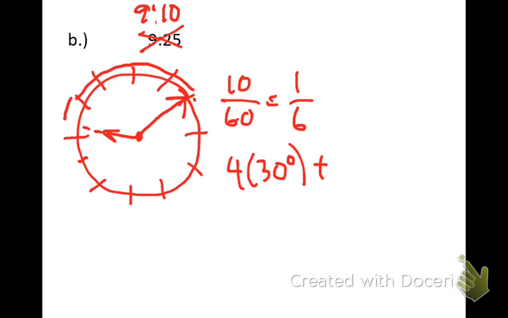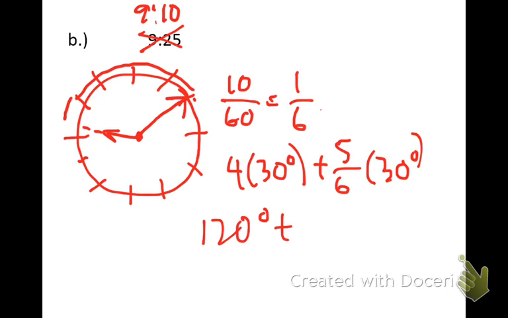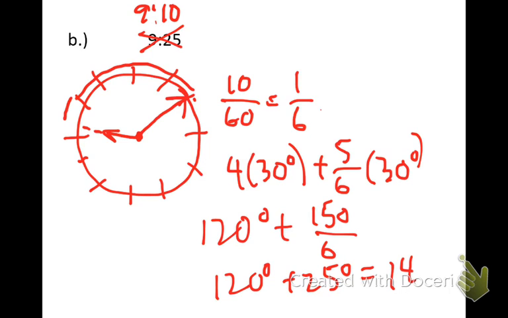So it always won't be this fraction you get. You got to look at the picture and see which way you're going, and it's 5/6. So we take 5/6 times 30 degrees, and then we would solve, and we get 120 plus 150 over 6, which is equal to 120 plus 25, which is equal to 145 degrees.